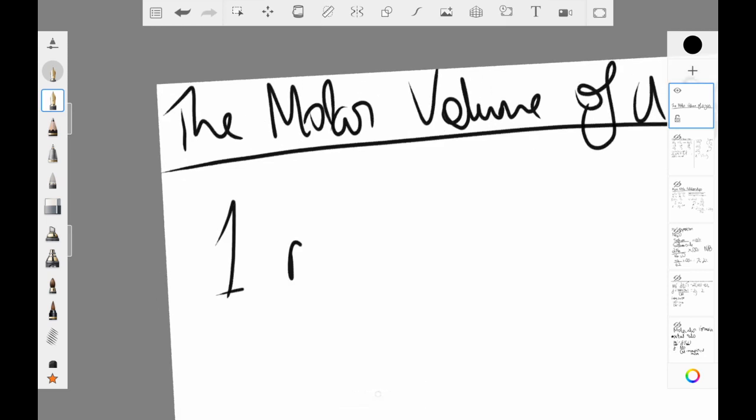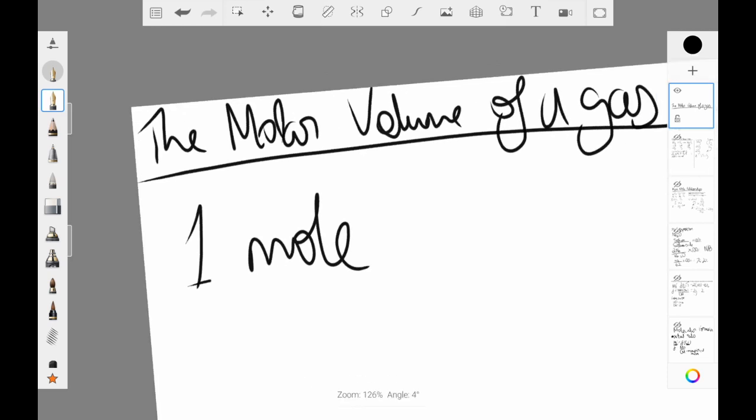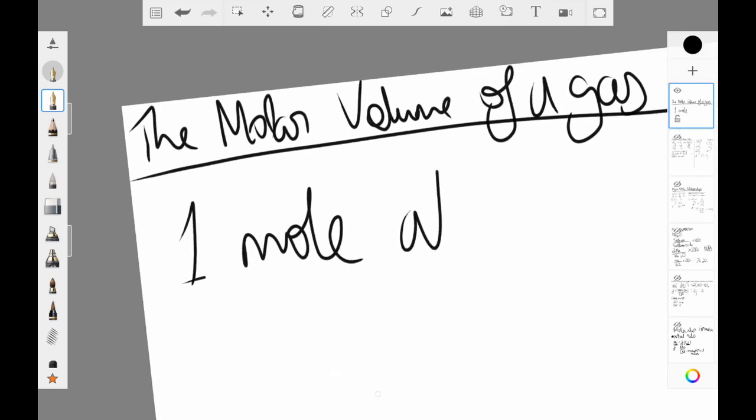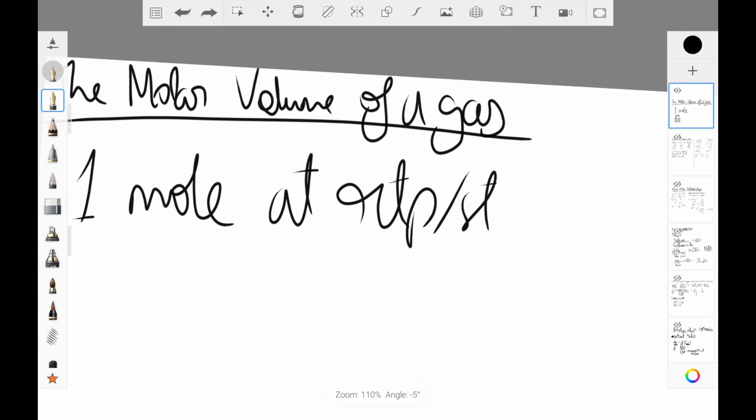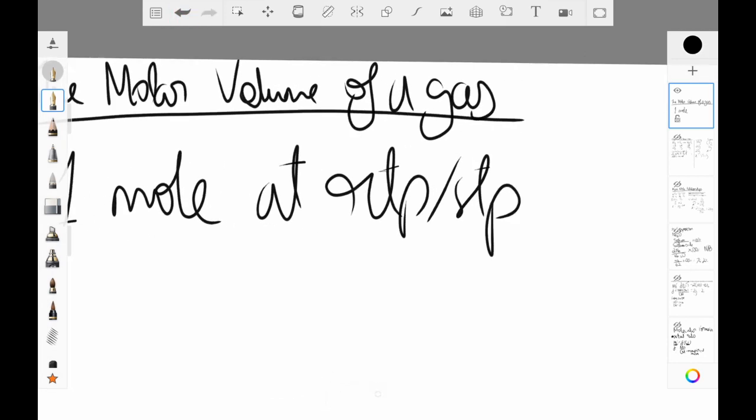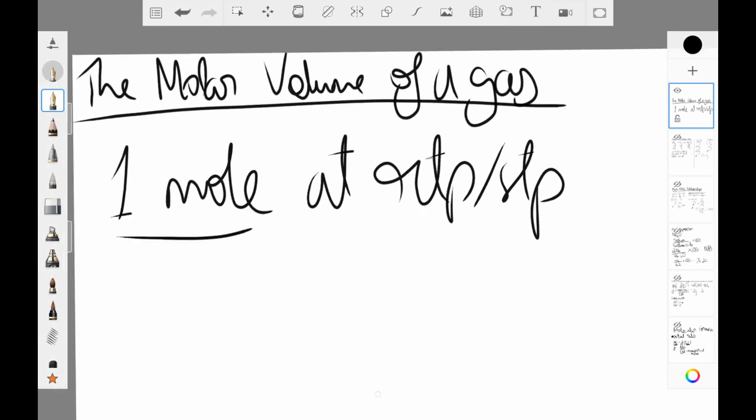So if I have 1 mole of a gas at RTP, room temperature and pressure, or STP, standard temperature and pressure, they mean the same thing. So the molar volume of a gas is the volume occupied by 1 mole of a gas at room temperature and pressure, or standard temperature and pressure.